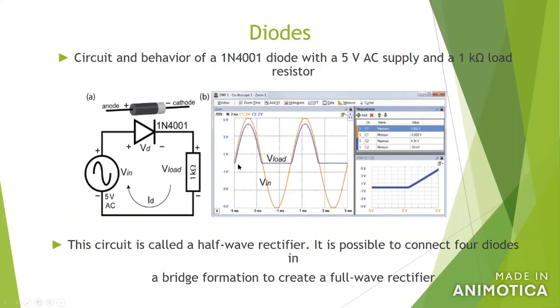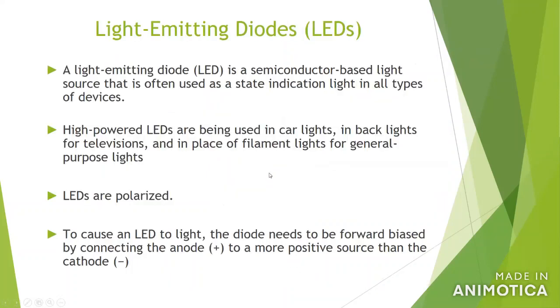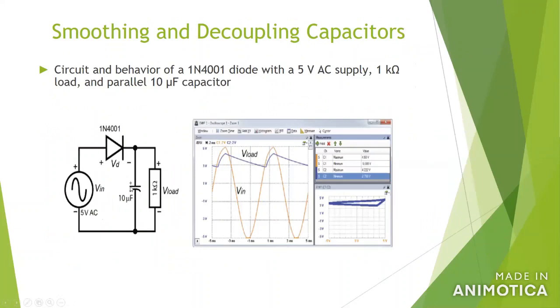You can see the input is an AC signal and the output becomes a half AC signal. How can we convert this half AC signal further into a DC signal? You have to use another kind of device called a capacitor. Combining a diode and a capacitor, you can see the output voltage becomes very similar to DC.